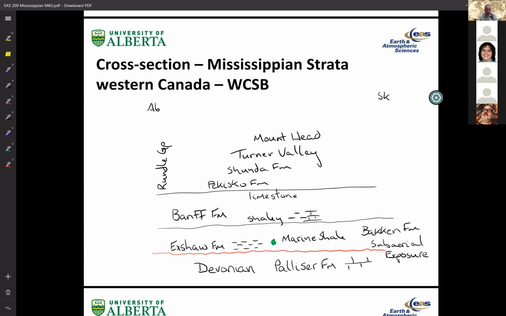The Turner Valley, for example, is commonly dolomitized, and so its porosity and permeability can be pretty impressive, whereas the Mount Head tends to be very microcrystalline dolomite and doesn't normally make good reservoirs, so it's pretty variable. If you go into other parts, like the northern part of Alberta, the Shunda is more or less equivalent to the DeBolt Formation.